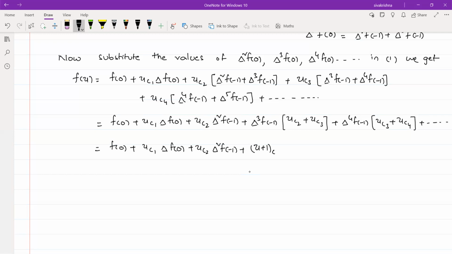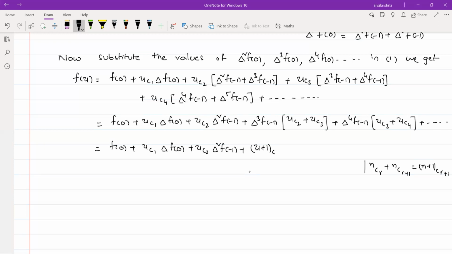In binomial expansions we have one of the formulas that ncr plus ncr plus 1 can be written as n plus 1 cr plus 1. Okay, I am writing here ncr plus ncr plus 1 can be written as n plus 1 cr plus 1.